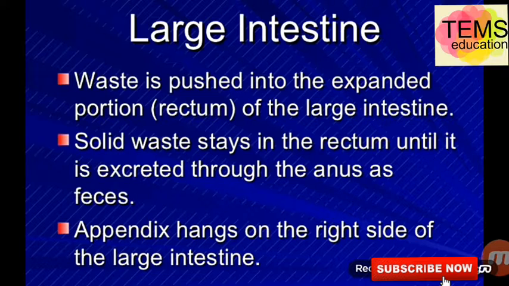From the mouth it goes to the esophagus, and from the esophagus it goes to the stomach, and in the stomach it is made into chyme, and the chyme goes to the small intestine. From the small intestine it goes to the large intestine.